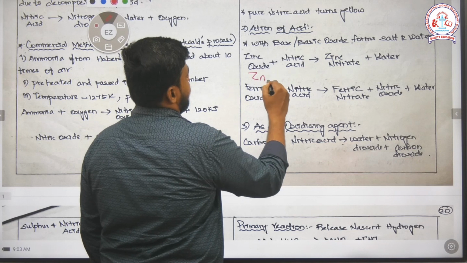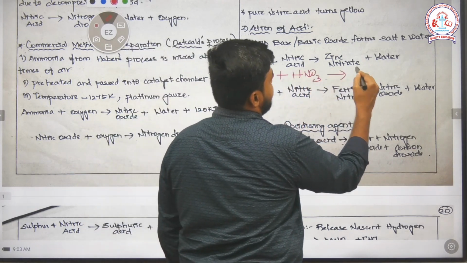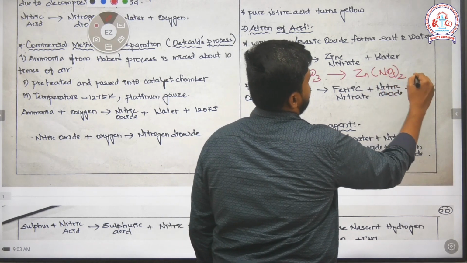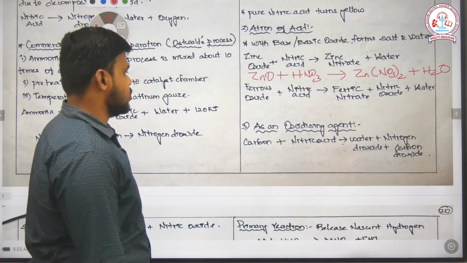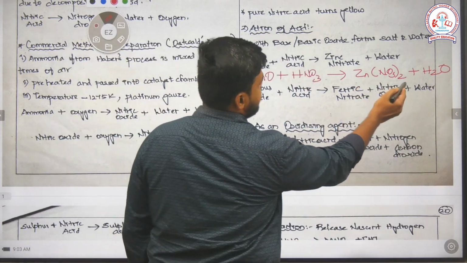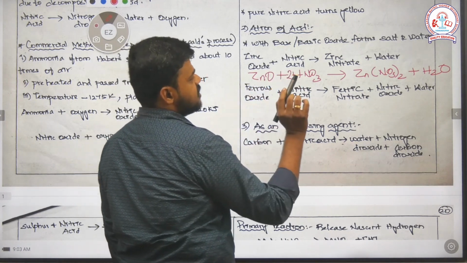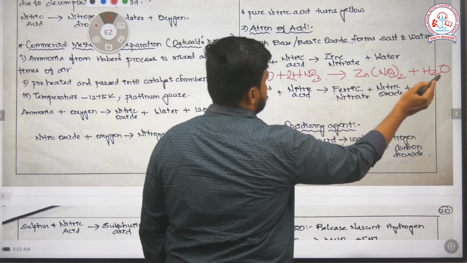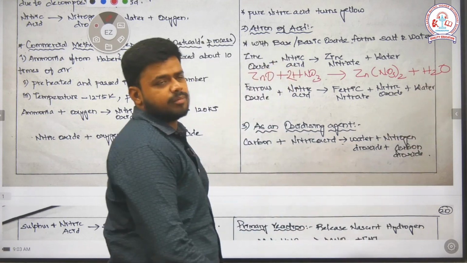So zinc oxide reacts with nitric acid to form zinc nitrate, Zn(NO3)2 plus H2O. So to balance, nitrogen here it is 2. So if I make it as 2 here, fine, nitrogen is balanced. If you look into the oxygen, here it is 6 plus 1, 7, 6 plus 1, 7, balanced. Hydrogen here it is 2, there it is 2, equation is completely balanced.